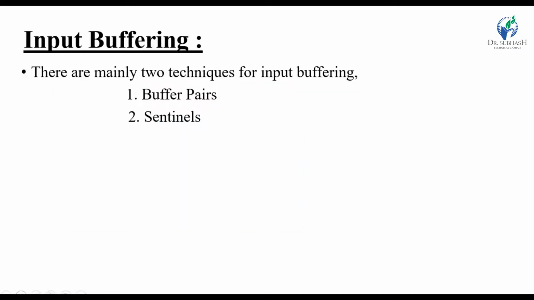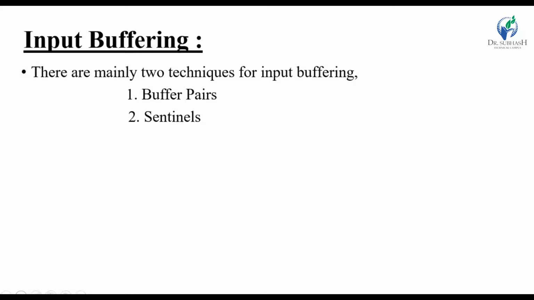Next is input buffering techniques, or why we use input buffering techniques for the lexical analyzer. We already know that the lexical analyzer scans the input one character by one character.